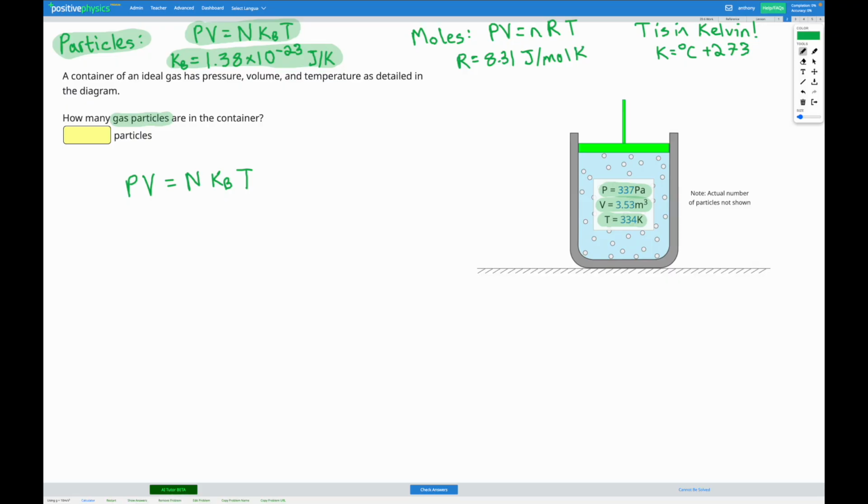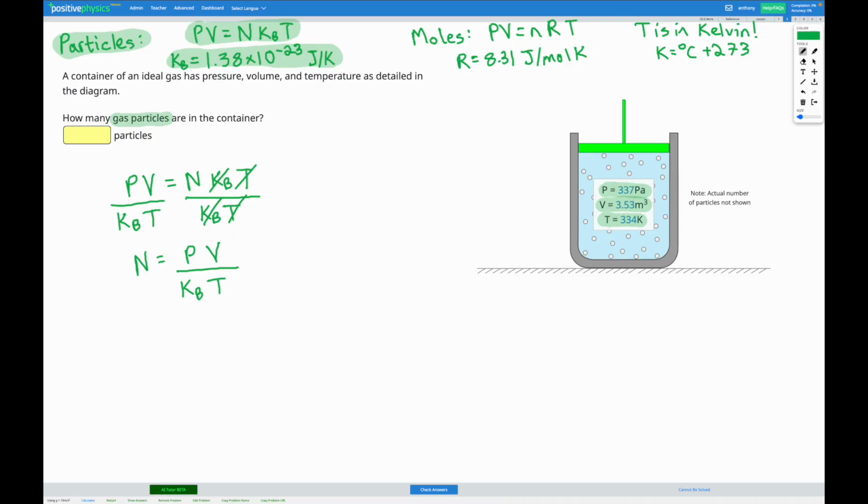That's the uppercase N in our equation. So to get that on its own, I'm going to divide by KB and T on both sides of my equation so that I can cancel out the KB and the T on the right-hand side, leaving me with N is equal to P times V divided by KB times T.